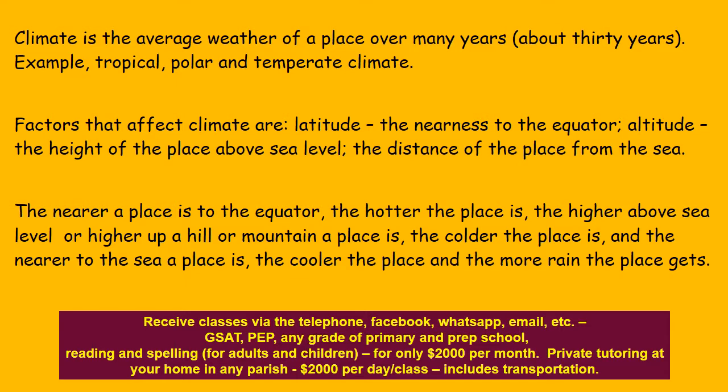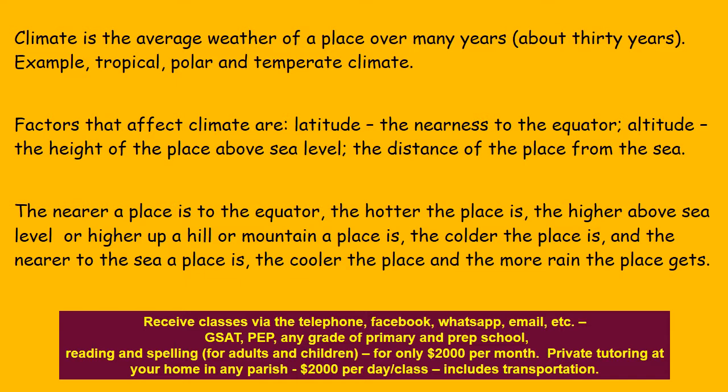Altitude is the height of the place above sea level and distance of the place from the sea. The nearer a place is to the equator, the hotter the place is. The higher above sea level, or higher upper hill or mountain a place is, the colder the place is. And the nearer to the sea a place is, the cooler the place and the more rain the place gets.